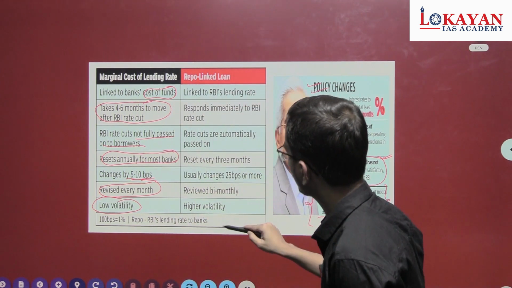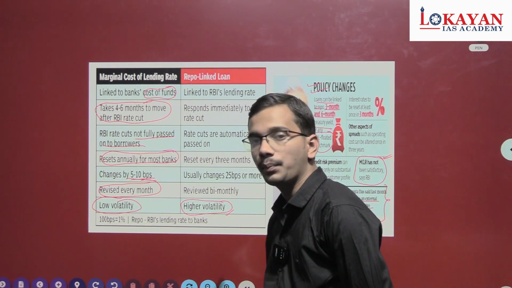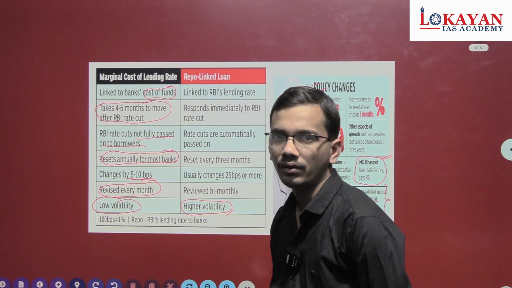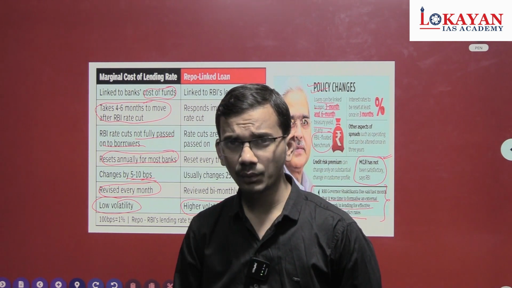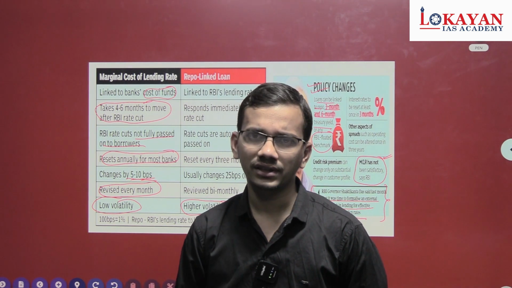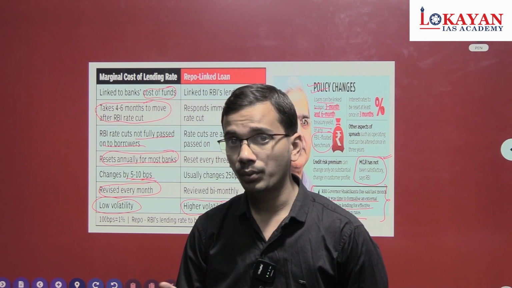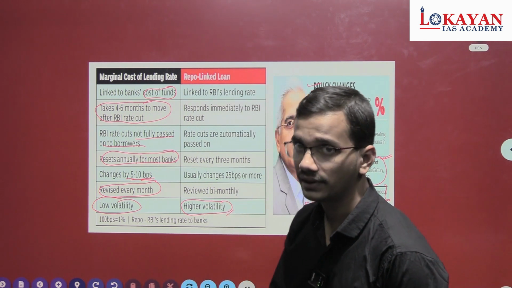Now this repo linked loan will have higher volatility. Why? Because if it is linked to repo, suppose in the monetary policy meeting RBI decides, taking into consideration the situation, to reduce or increase repo, the loan rates will change with that effect.